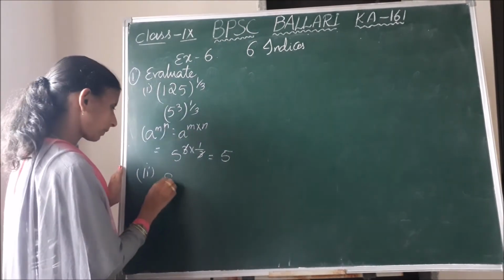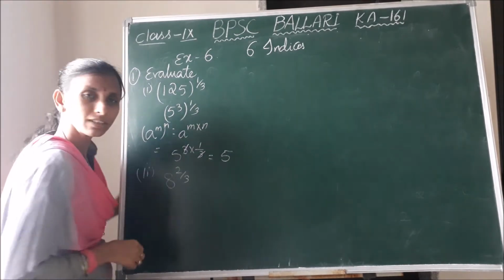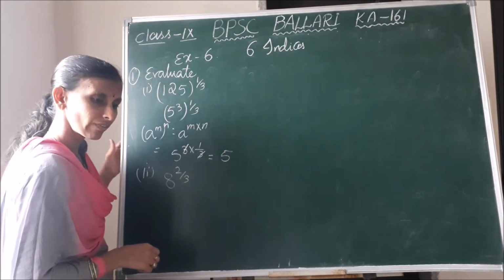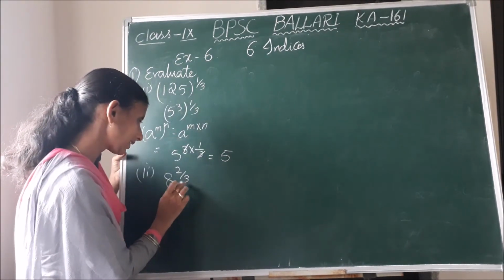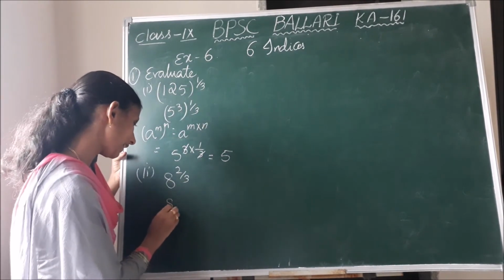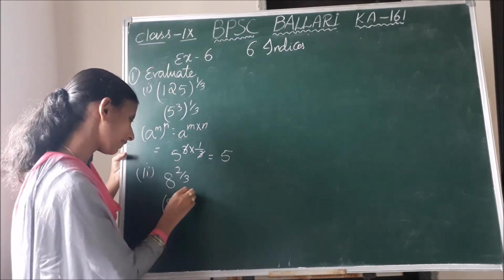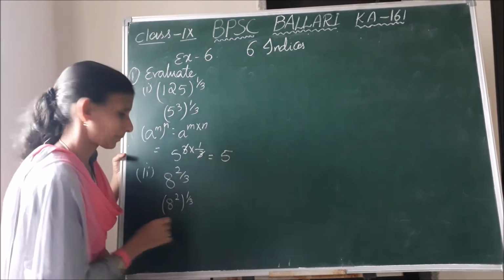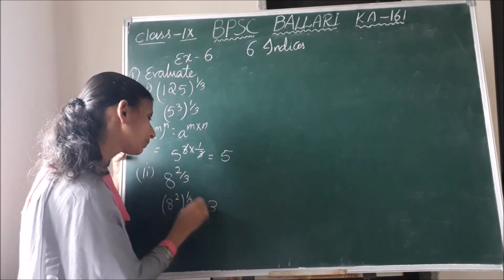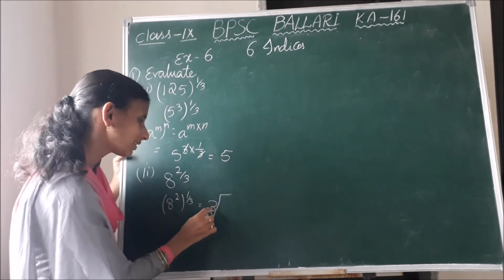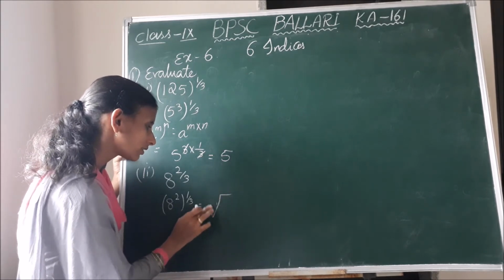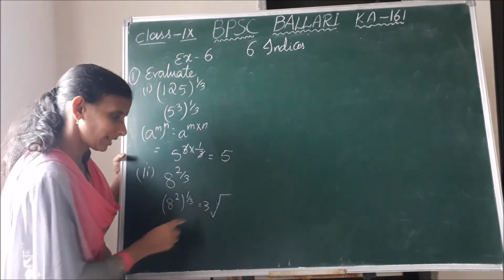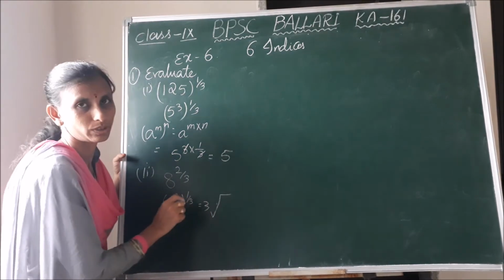Next, second one. 8 power 2 by 3. So what we can write here? How can we solve this? See, this is cube, means 8 square whole power 1 by 3. So cube root of means this, see, if you write this 3 like this, it becomes 3 into root.